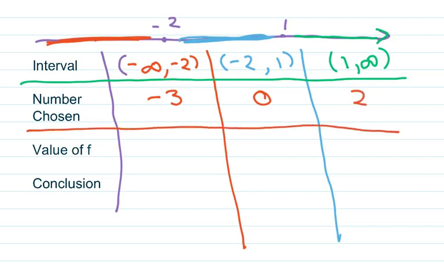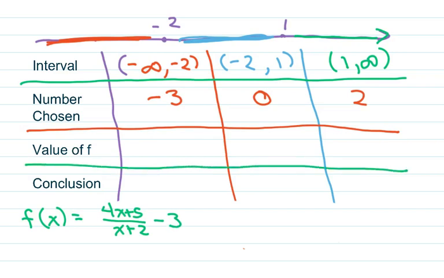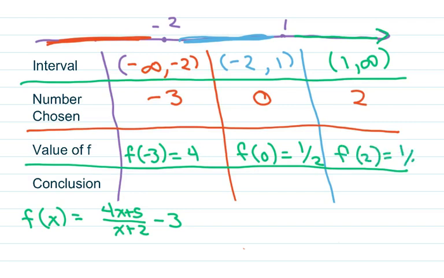And I'm going to plug it into my function. f of x equals (4x + 5)/(x + 2) - 3, and you get your values: f of negative 3 equals 4, f of 0 equals negative 1/2, and f of 2 equals 1/4.